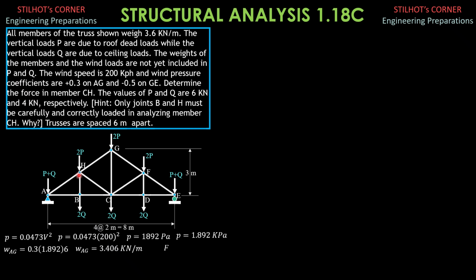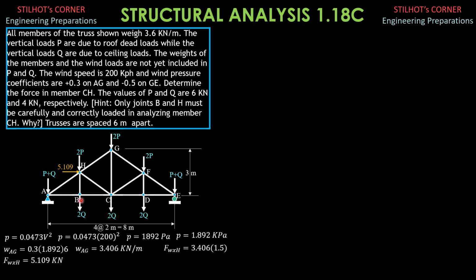So the X component of wind load at H is 3.406 kilonewtons per meter times 1.5 meters, which is 2 times 3/4, or 1.5 meters, for joint H. So the horizontal wind load at H is 5.109 kilonewtons rightward, as shown in the figure.